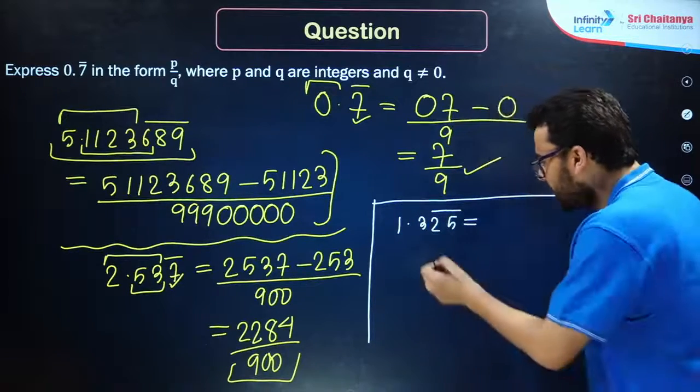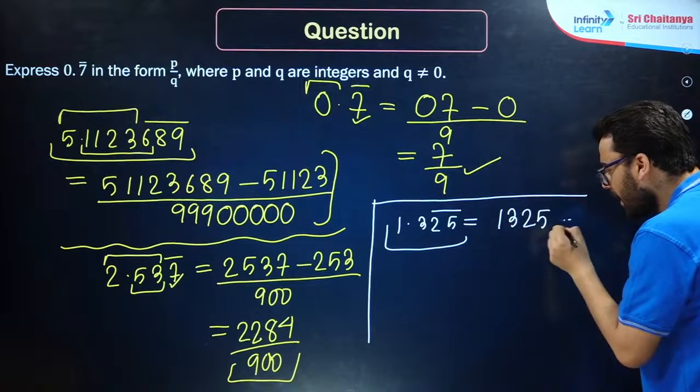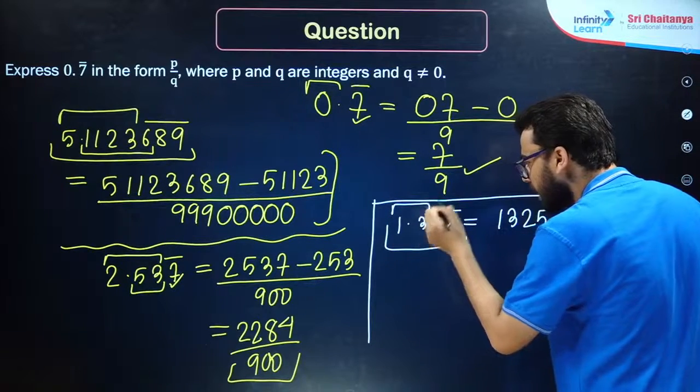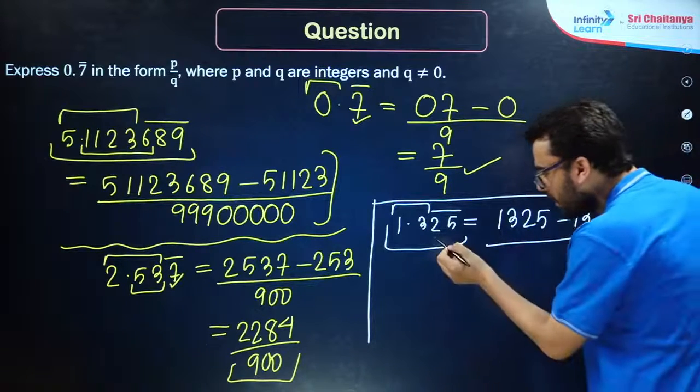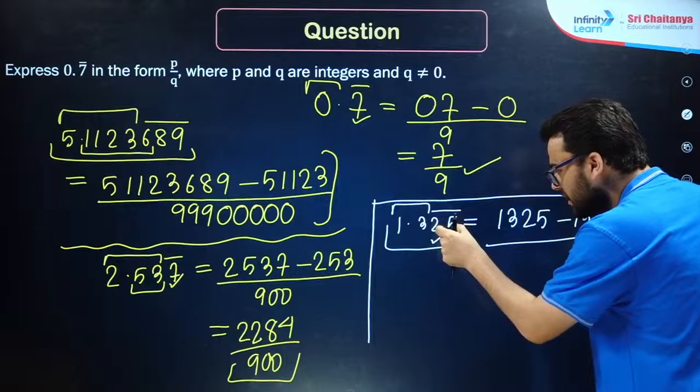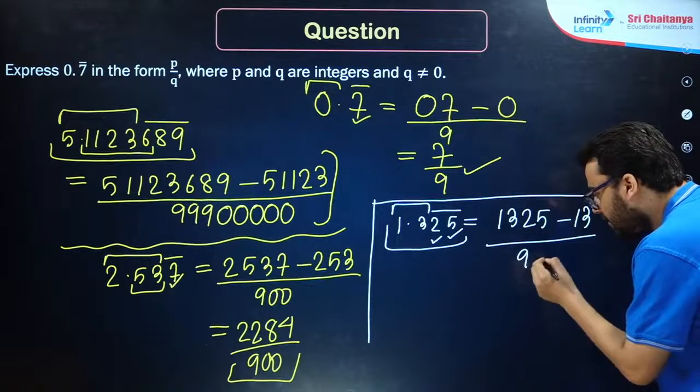So again the same thing, write the complete number 1325 minus the number on which bar is not there, that is 13, divided by, on how many digits bar is there? 2 such digits are there on which bar is there. So 2 times 9 will come.